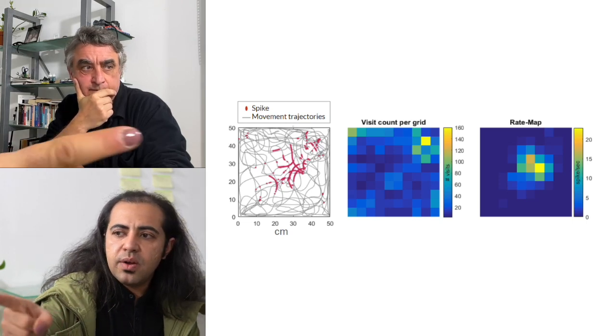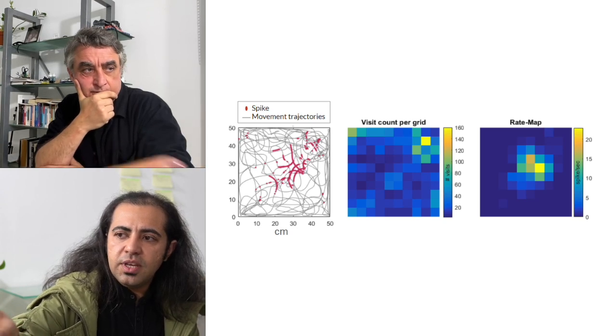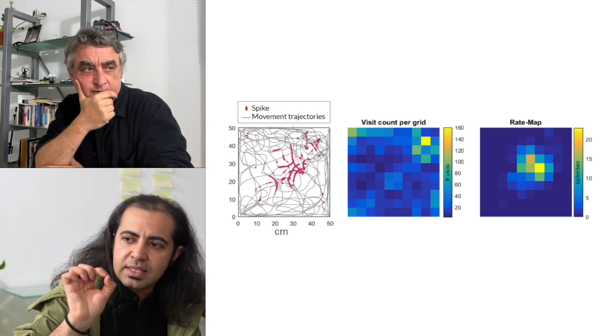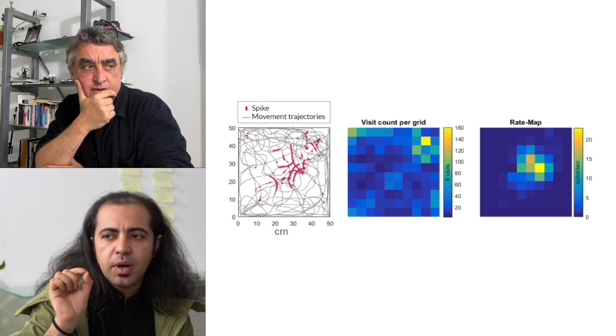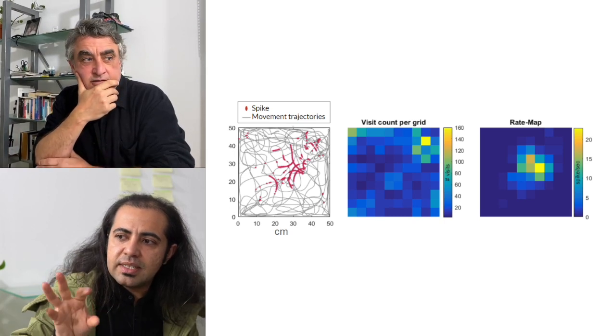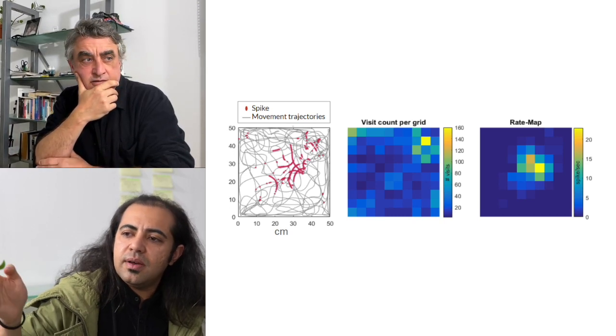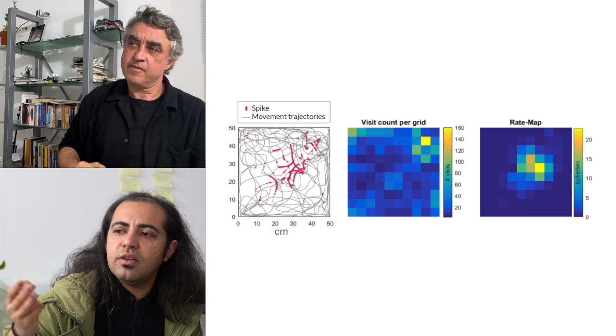And if you compare it with that behavioral figure on the left, you can see that these small red dots are the spikes. Each dot is one spike. Yeah. So you can see that in the same location of the environment, the cell is spiking, and that's just the same thing in the domain of firing rate.